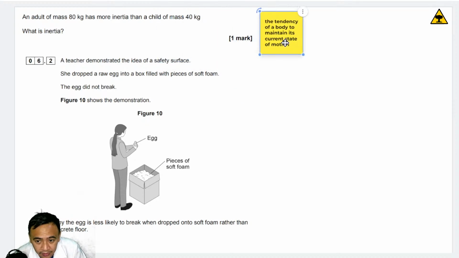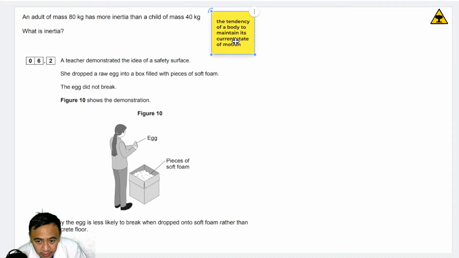All right. So the second one. Explain why the egg is less likely to break when dropped onto soft foam than onto a concrete floor. There are many ways to answer this, but all of them kind of lead to the same final answer.